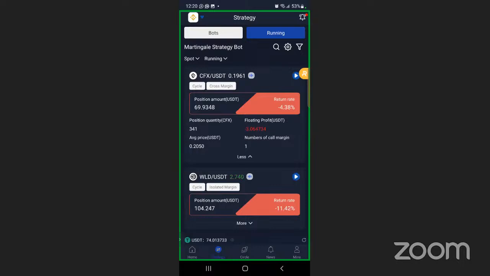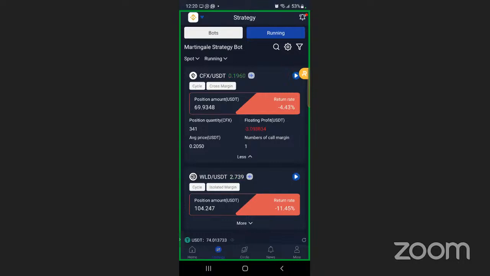Isolated margin means it is in sub-bin real-time settlement. That is what it means.